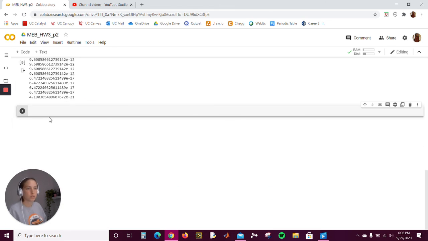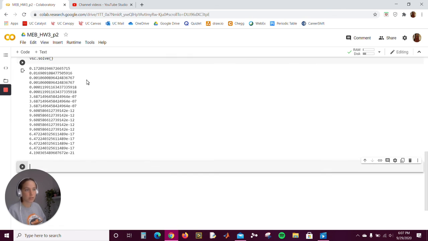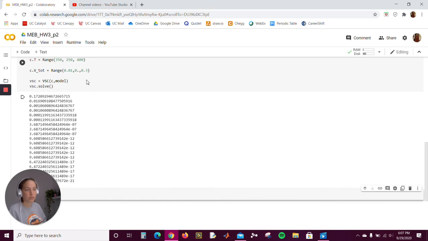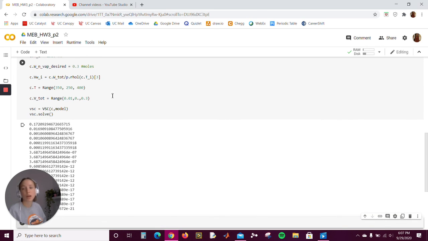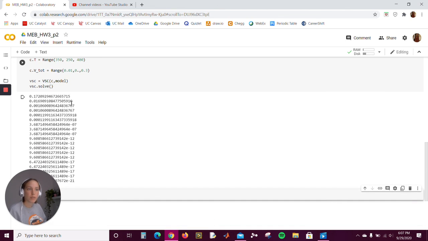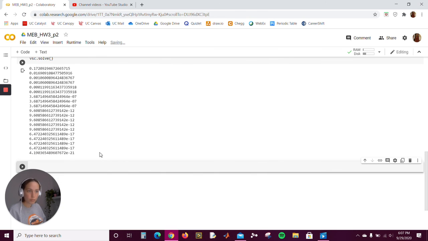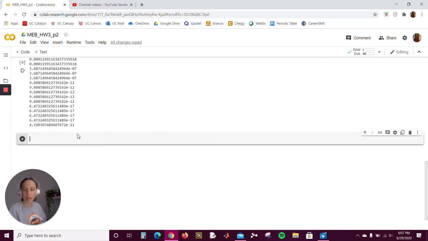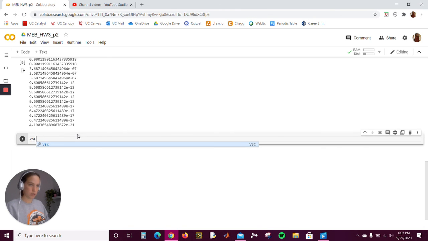Okay. So those are unnecessary, really. But basically this is showing that it has minimized the function and it has found our total volume and final temperature values. And this is like the accuracy. So to display that, I'm going to do VSC.VDF, and this is going to be a data frame of our adjustable variables.